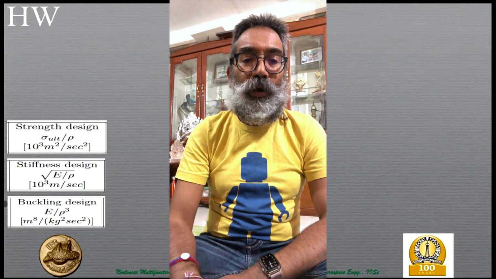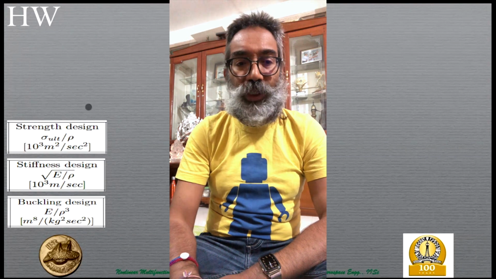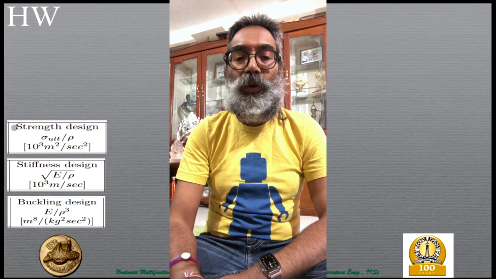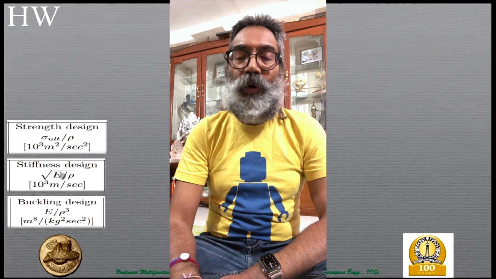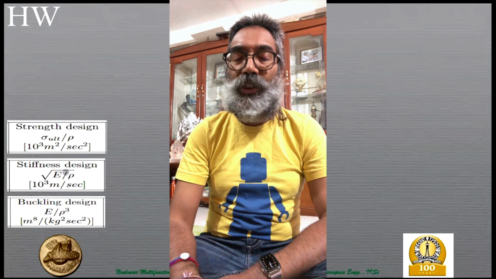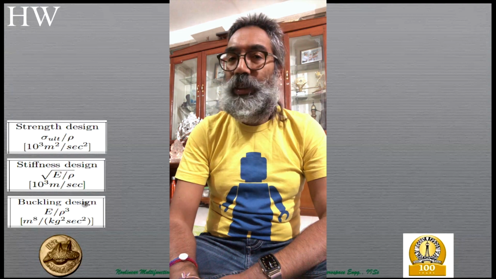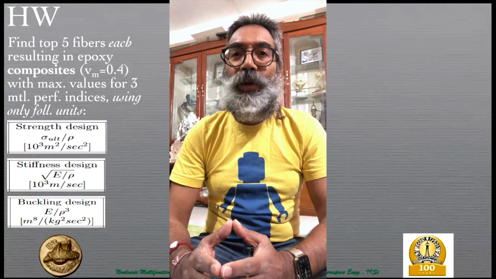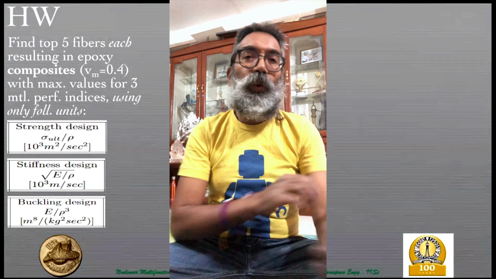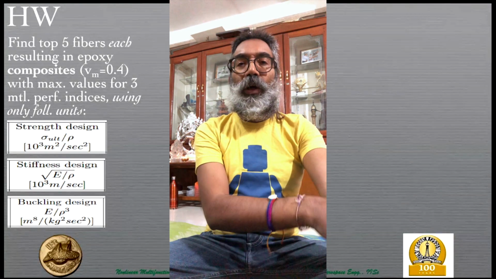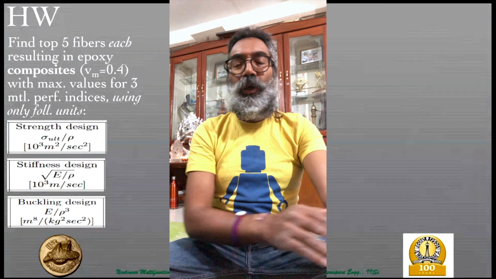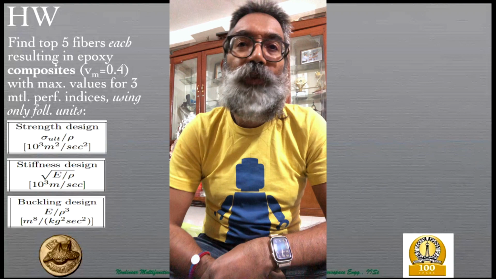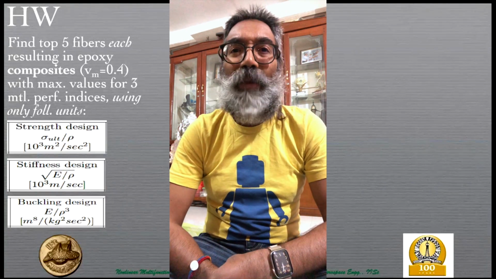It would be easier if you all use the same SI units along with the factor of 1,000 taken out for the strength performance index and the stiffness performance index, but given as it is for the stability based design. So what is the homework? You're required to once again go through a web search and/or a book search. There's also a very good website that some of you might be aware of for all material properties called matweb.com.